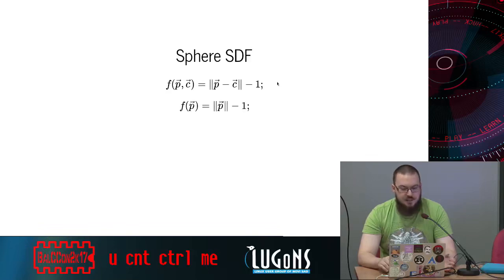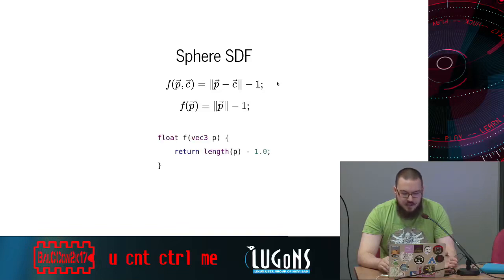Simplified, if we're doing this around the origin, we can just leave out the C. This is nice because we can just use all the signed distance functions around the origin and use our transformation matrices to move them where we want them.